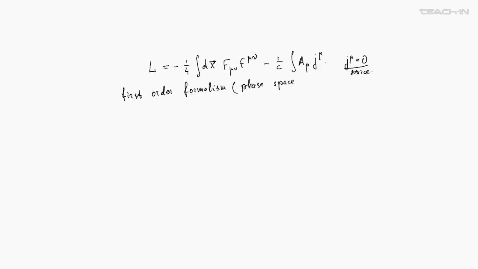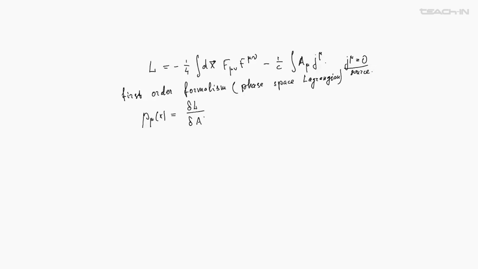So what is this? First of all, we compute the canonical momentum conjugate to the field A_μ. As you know, canonical momentum P^μ(x), the standard definition is the derivative, no, variational derivative in this case, of the Lagrangian with respect to velocity of our field.